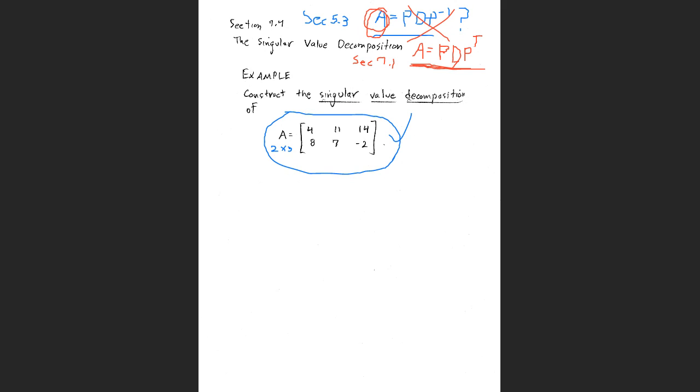What's the condition on the matrix A in section 7.1 for the factorization A equals P times D times P transpose? Good, Eleni. Very good. It must be symmetric. Well, it has to be square to be symmetric, and this matrix A is not even square. So you're not going to be able to factor that matrix this way.